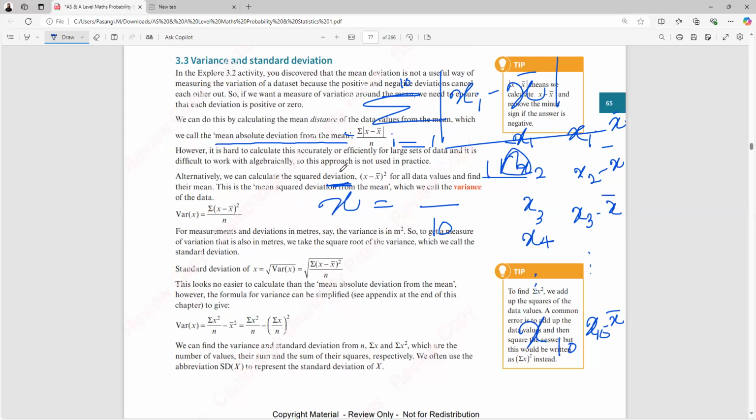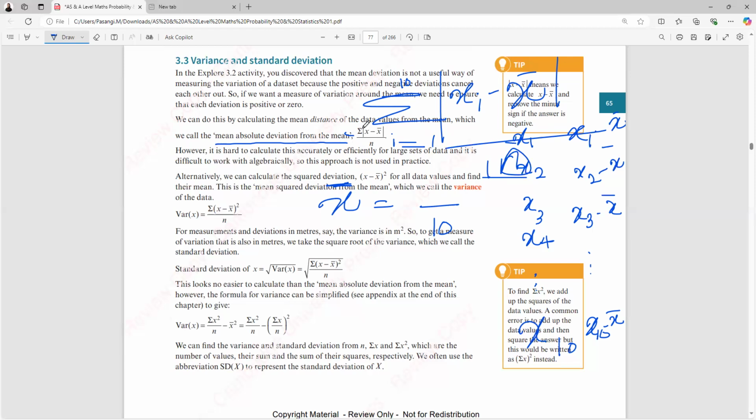So this approach is not used in practice. Alternatively, we can calculate the squared deviation. Anyway, this method is the mean absolute deviation from the mean. Why do we say from the mean? Because we are taking these distances or differences compared to the mean.